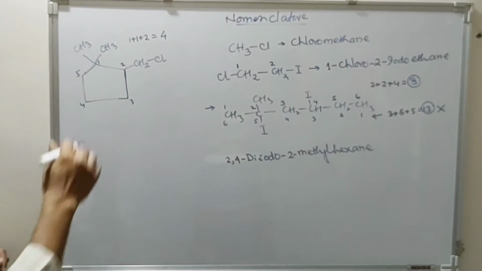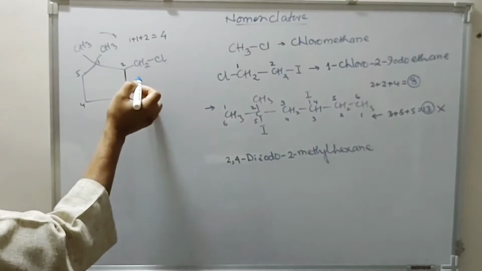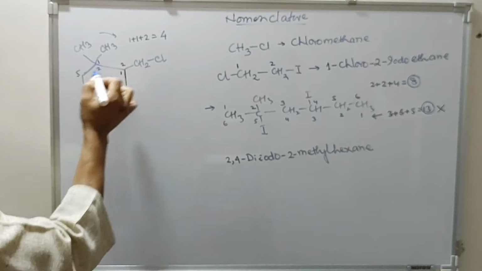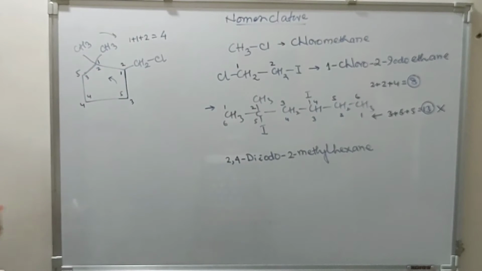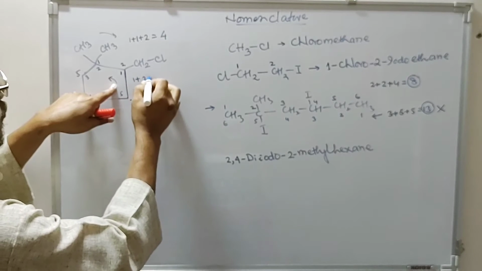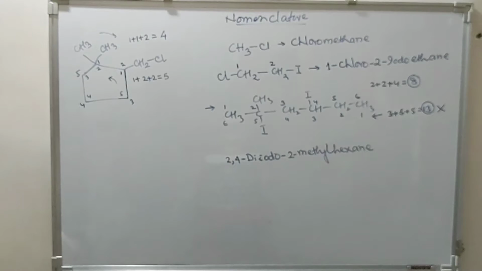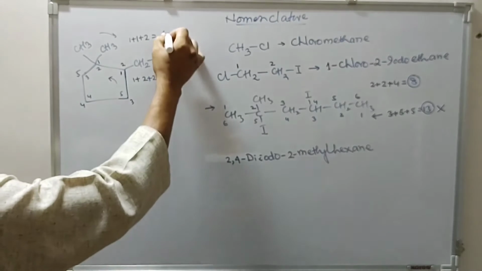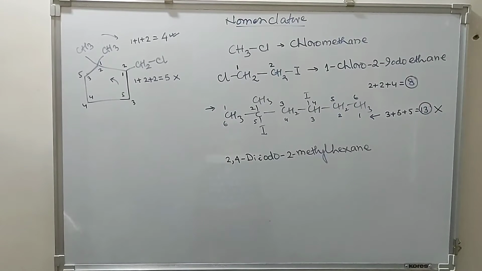But if I start numbering in the opposite direction, this is 1, this is 2, 3, 4, 5, then the substituents are at carbon number 1 plus 2 plus 2, which becomes 5. So again, the lowest sum rule says this numbering is not allowed. This is the allowed numbering for this hydrocarbon chain.